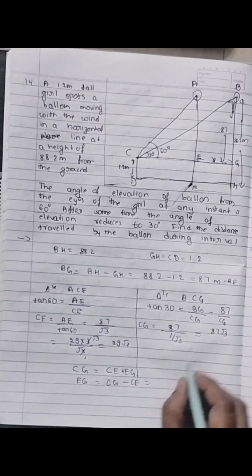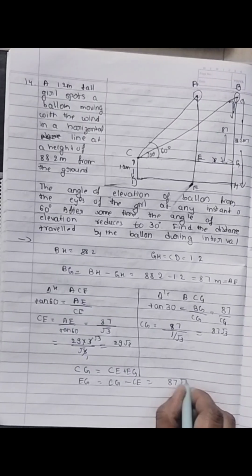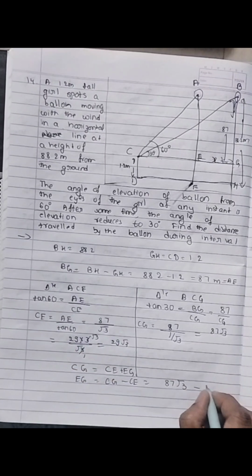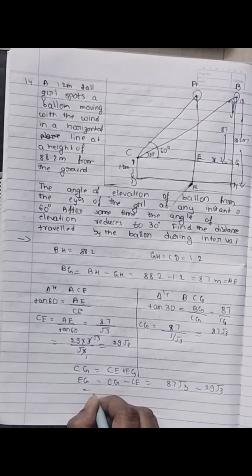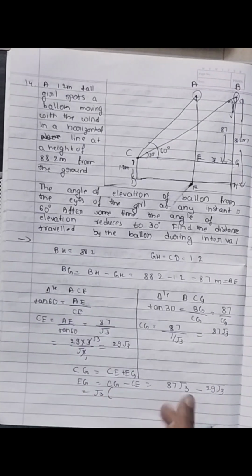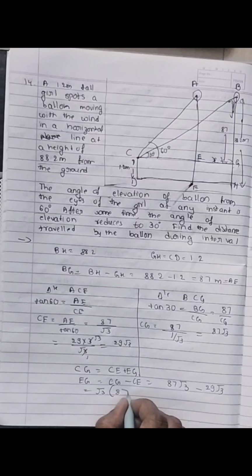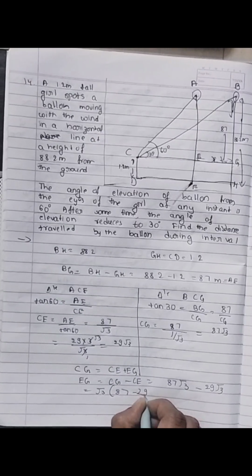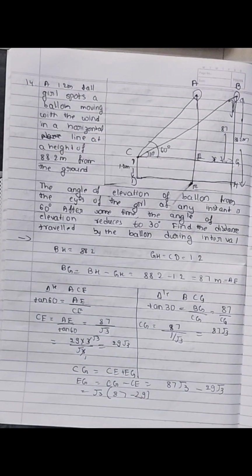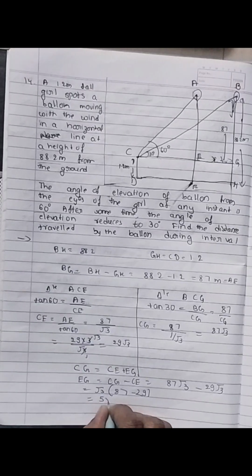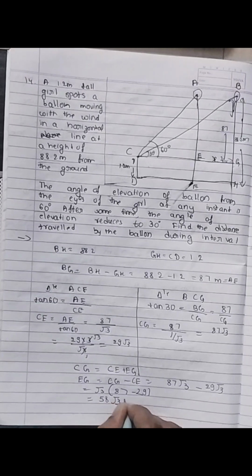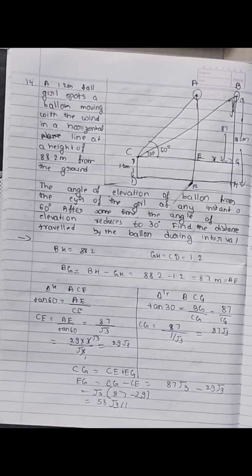CG is 87 root 3 and CE is 29 root 3, and I can take root 3 common here. So it is 87 minus 29. What is 87 minus 29? That is nothing but 58. So 58 root 3 is the answer to this question.